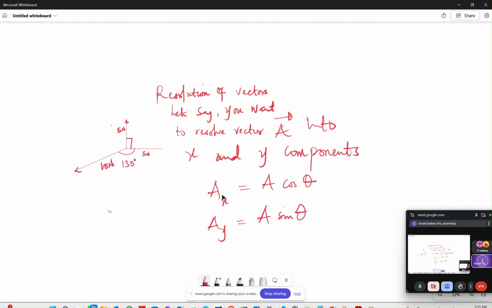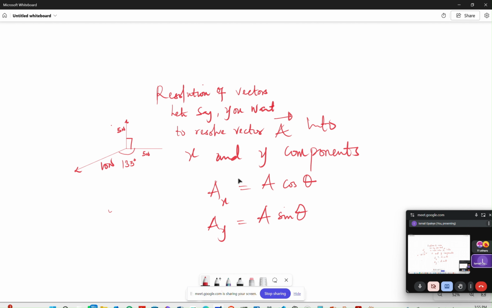So when you take vector A for example, if you want to resolve that vector A into horizontal component, that's x, it will be A cos theta. And if you want to resolve in the y-axis direction, that will be A sin theta. And please also note that you need to take note of the direction.